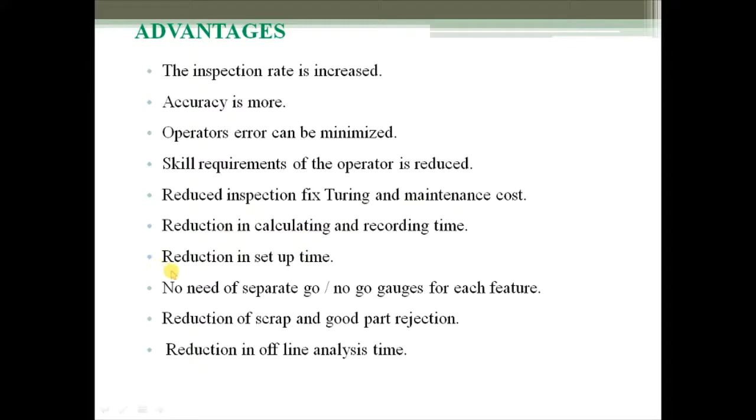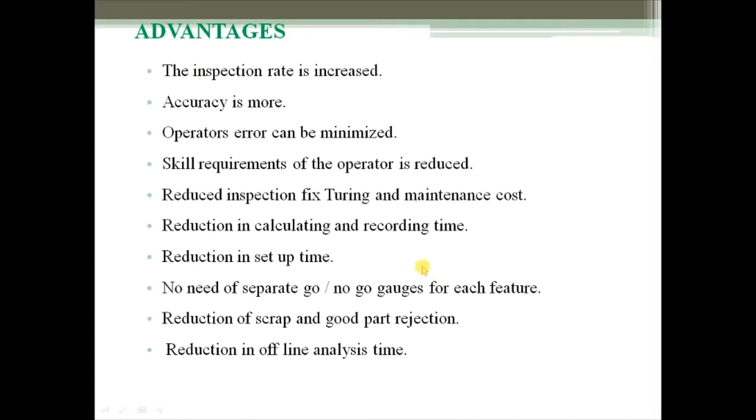Also it reduces the setup time, and there is no need of separate go or no-go gauges for each feature. That means when doing inspection manually we use go and no-go gauges for the features, but in the CMM machine there is no use of separate go and no-go gauges for checking the features.